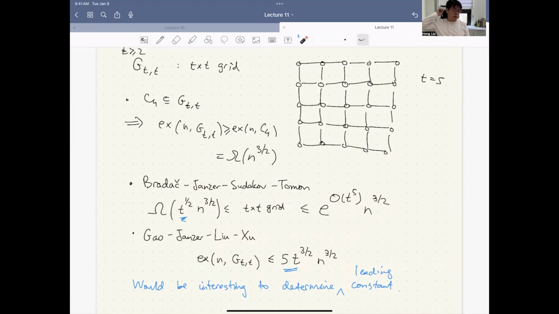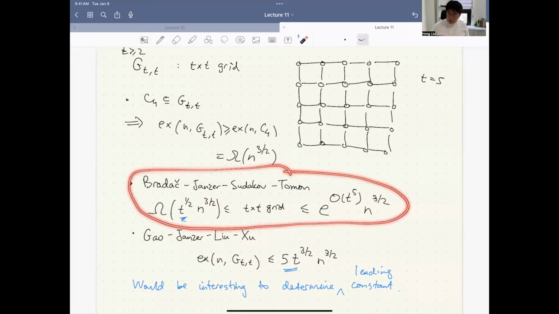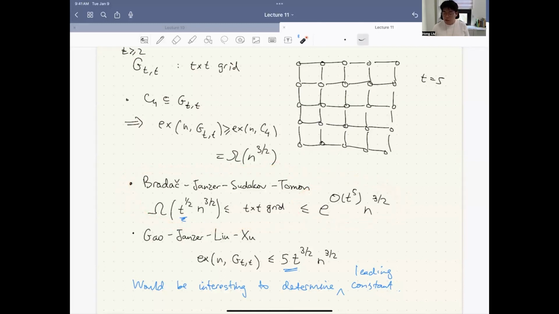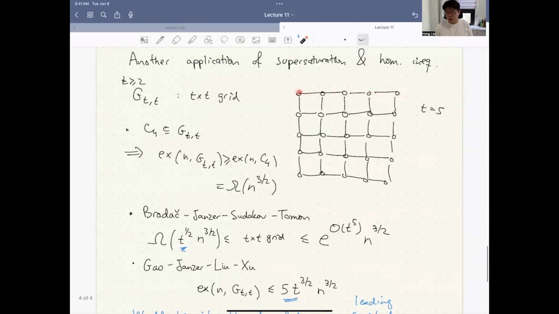Again, as I said in the case for the three-dimensional cube, how you view this graph, how you draw it is quite important here. Let me briefly mention how they prove this weaker upper bound. They build an auxiliary graph in which a path like this is a vertex, and two vertices are adjacent if these two paths form a 2 by t grid.